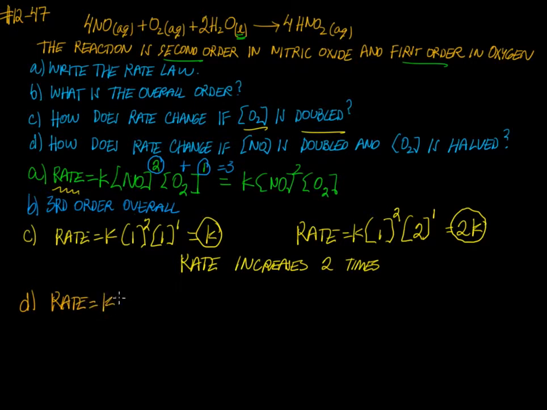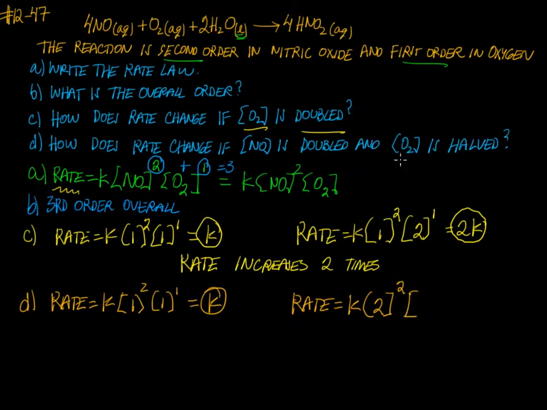If the concentration of all of the starting quantities are just 1 here, we'll have the value of K. And then we want to go ahead and change the concentrations of things according to part D. So NO is doubled, so we want to change the 1 to a 2. And O2 is halved, so 1 goes down to 1/2.